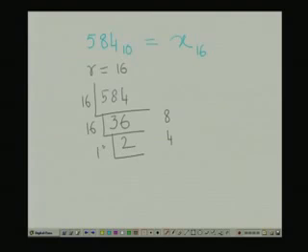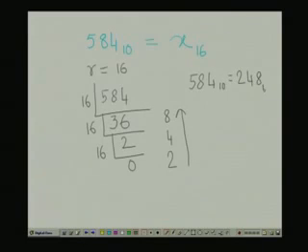Again we divide, quotient is 0, remainder is 2. As the quotient is 0, we stop the division, and if I take the remainders in this order, I get 584 in decimal is 248 in base 16. So this is my hexadecimal conversion.